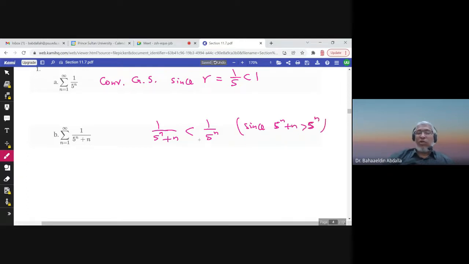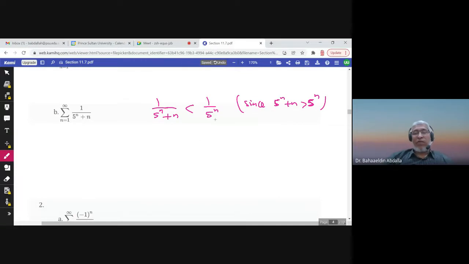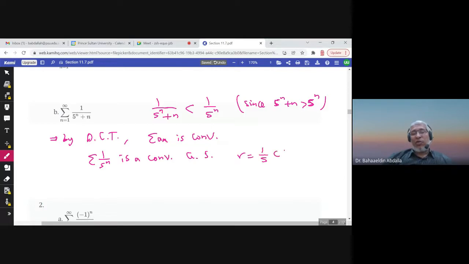So the reciprocals would be less than if we take the reciprocal. So by direct comparison test, summation an is convergent because summation 1 over 5 to the n is a convergent geometric series. r is 1 over 5, less than 1.